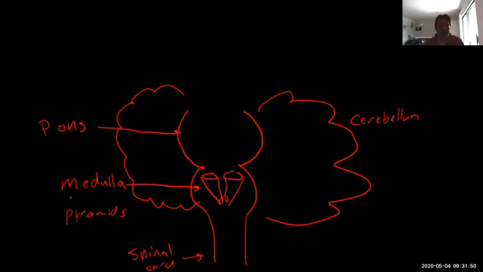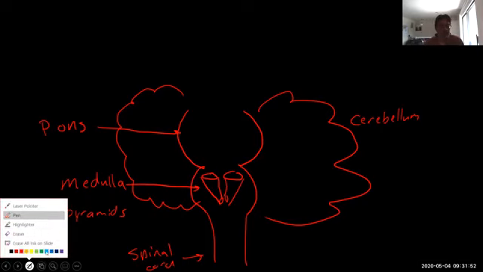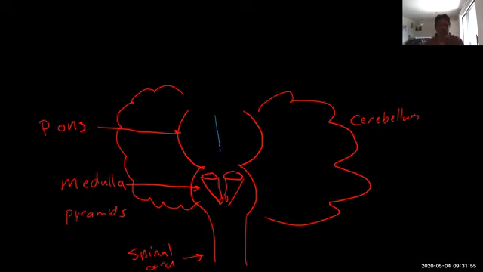Now on the pons, when we look at the ventral surface of the pons, we had those transverse fibers. So these fibers were going back from the pons towards the cerebellum like this. So those are the transverse fibers that were making the major connections there.